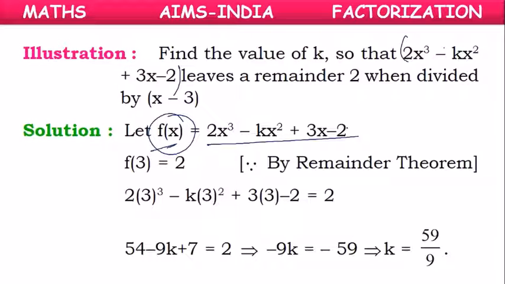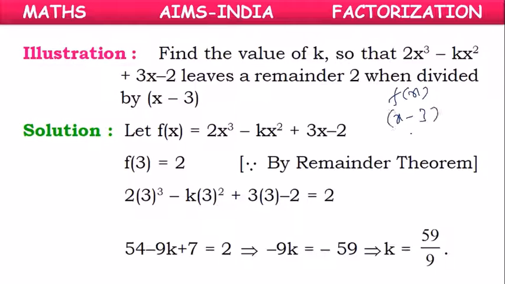And they have also given the clue that when divided by x minus 3, it leaves a remainder 2. So according to remainder theorem, if f of x is divided by x minus 3, f of 3 is the remainder, which is equal to 2. F of 3 equal to 2 according to remainder theorem.